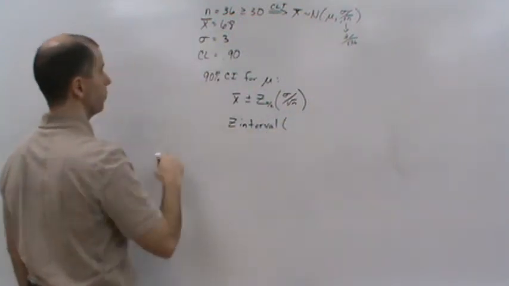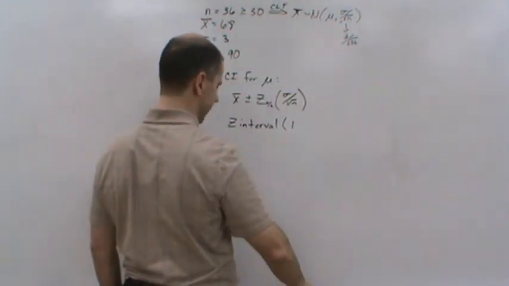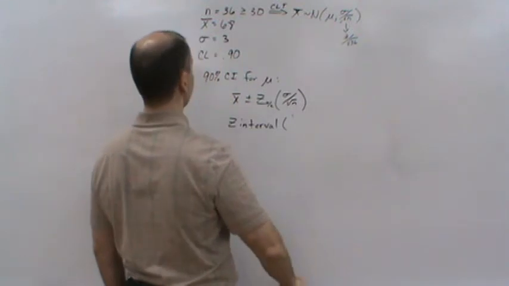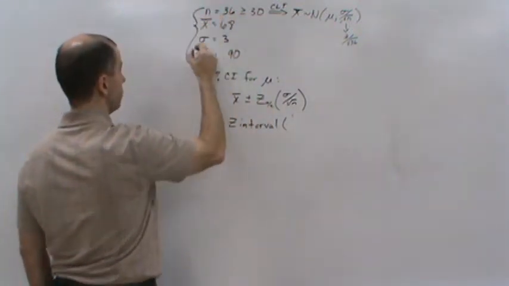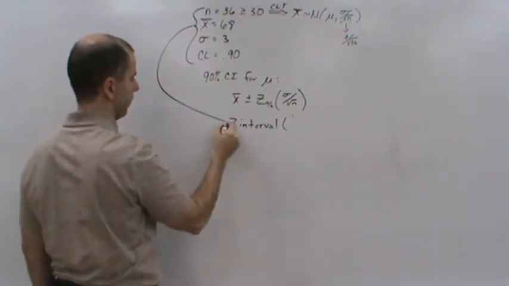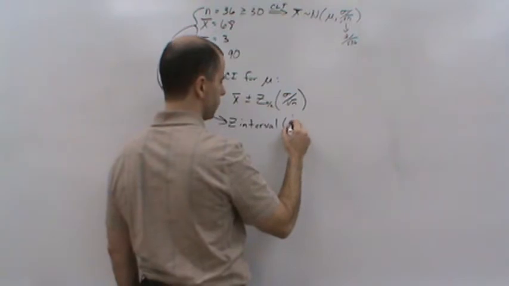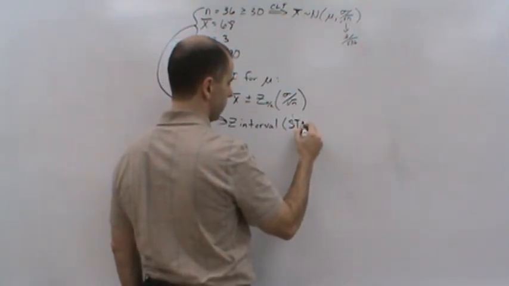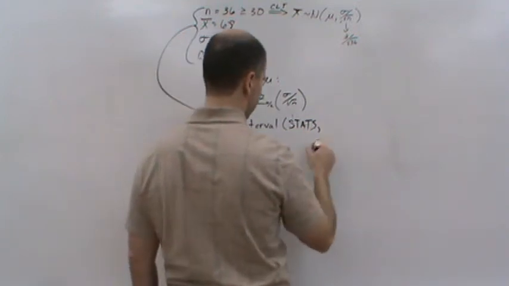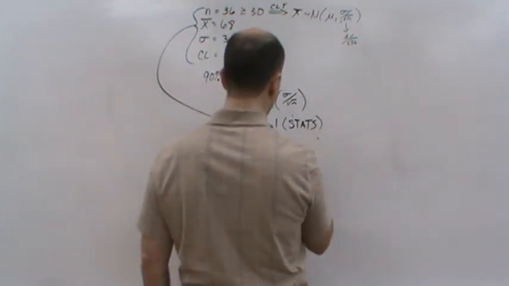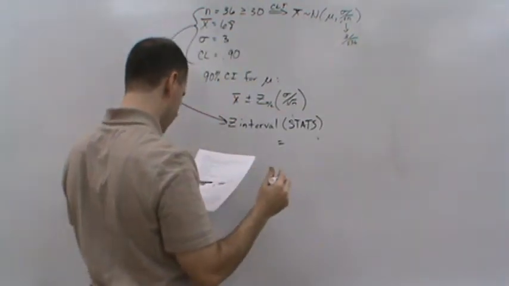And the first part is we're going to be using data, or excuse me, not data, stats. They're giving us statistics. So this is the pieces of information right here. So all of this is going to go in the Z interval. The only thing we have to choose is make sure we choose stat for our input. And then that's going to give us the same information.